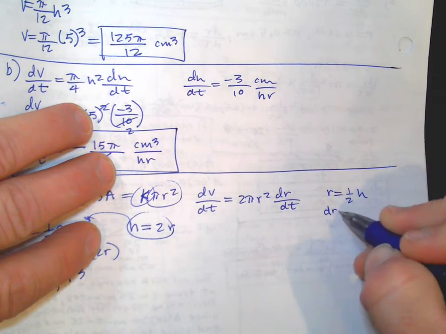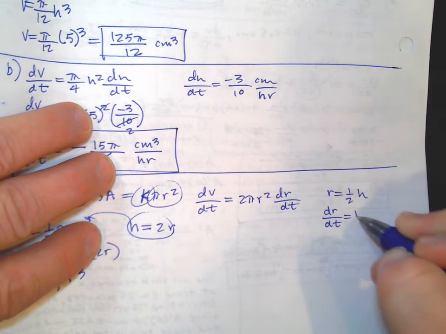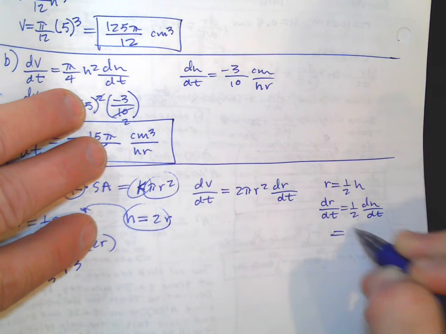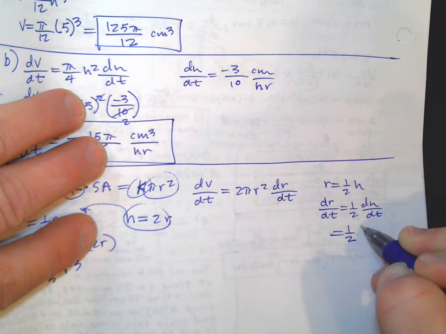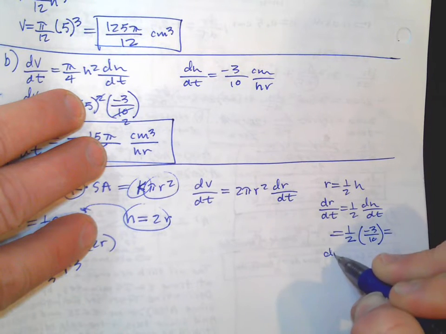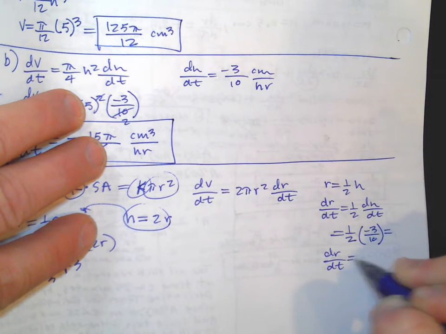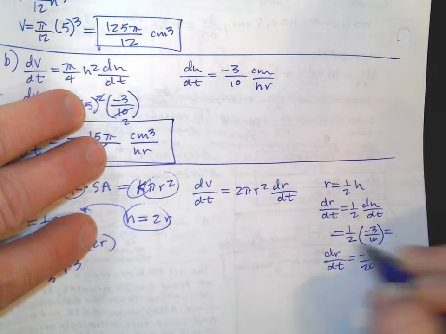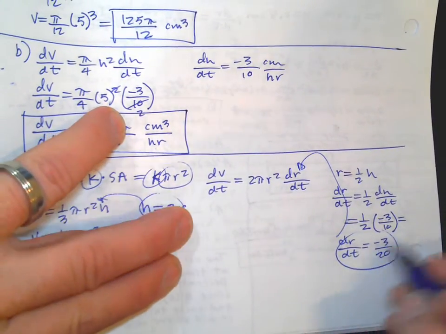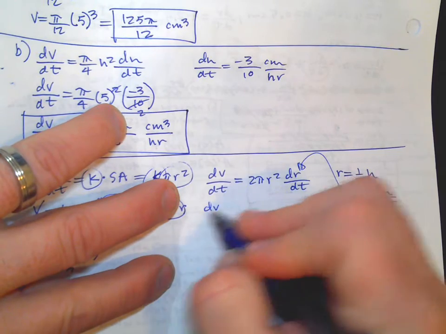And so if we take the derivative of this, dr dt equals 1/2 dh dt. And dh dt, we do know, is always -3/10. So dr dt is -3/20. It's always constant.